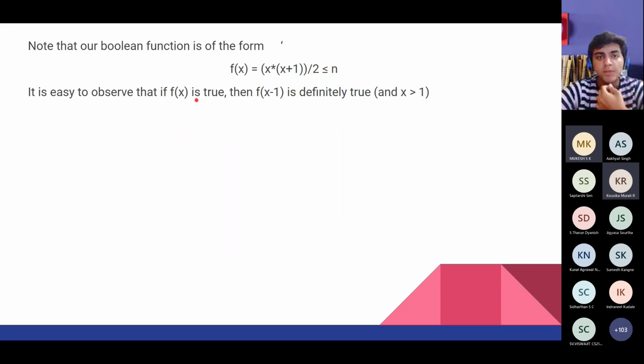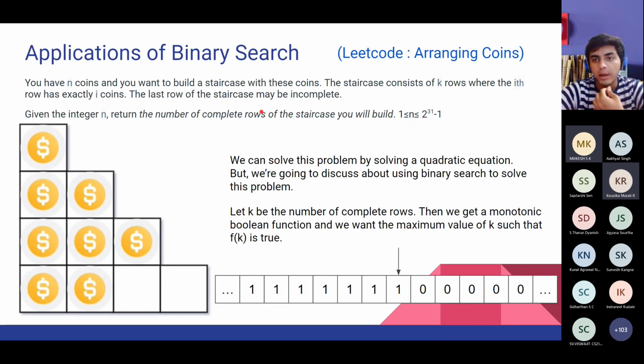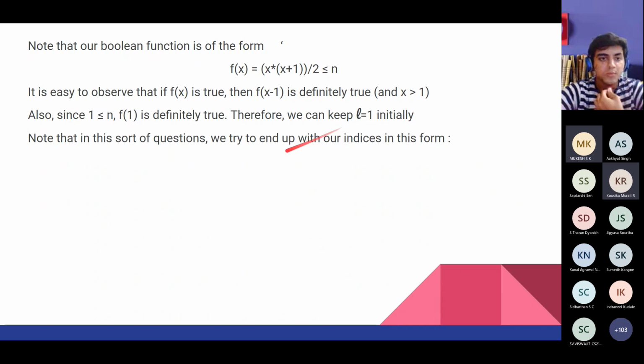And it is easy to observe that if this function is true for a value x, then it is definitely true for a value less than x, say x minus 1, as well. And since in the range of n we had n greater than or equal to 1, we can keep the left pointer, the lower pointer, as 1 initially.